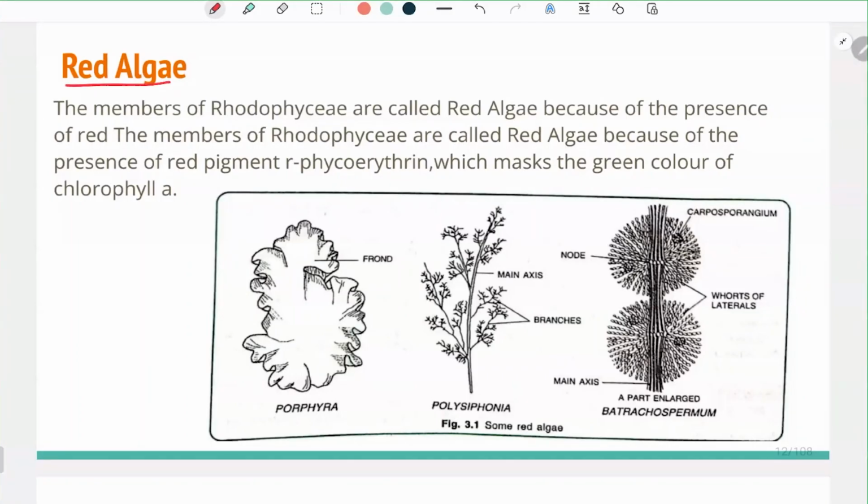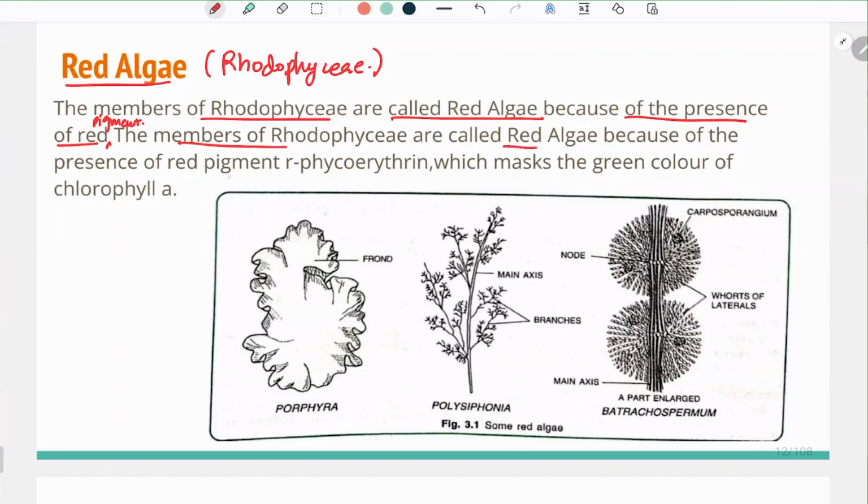Red algae is Rhodophyceae. The members of Rhodophyceae are called red algae because of the presence of the red pigment R-phycoerythrin, which masks the green color of chlorophyll A. Chlorophyll A gives green color, but R-phycoerythrin is reddish in color.